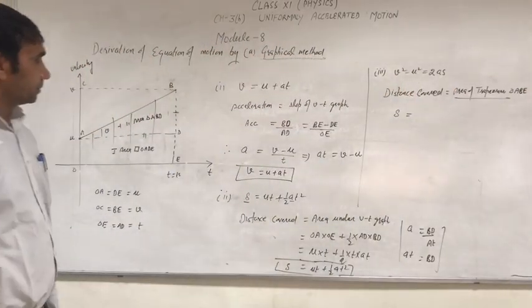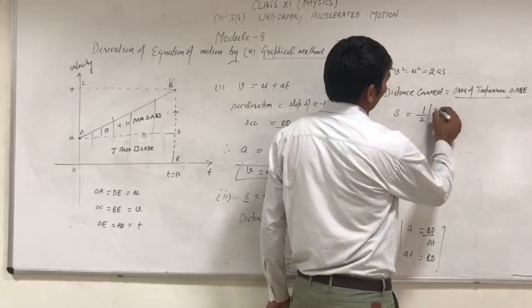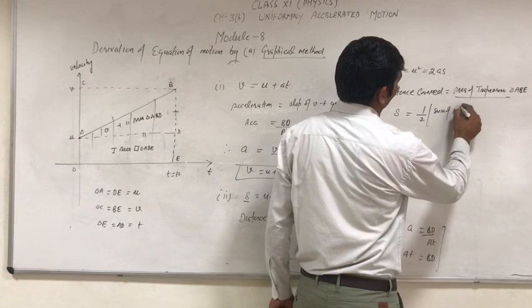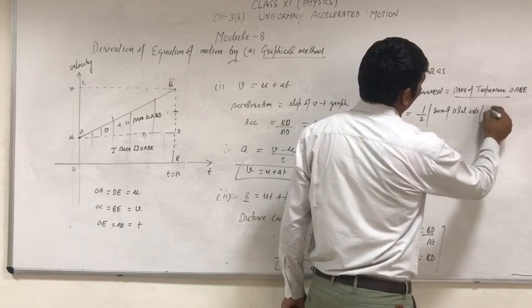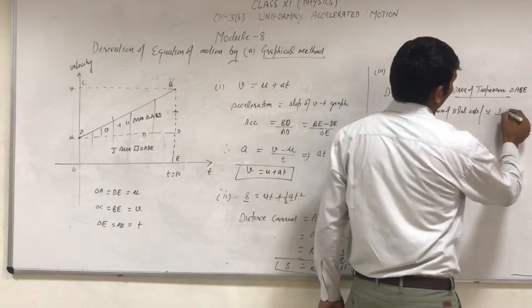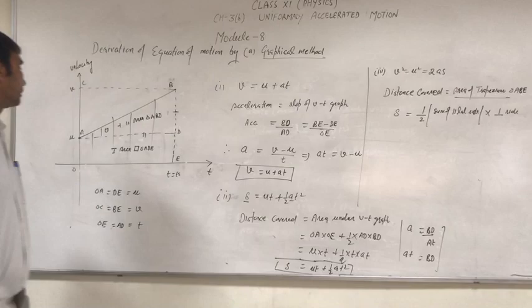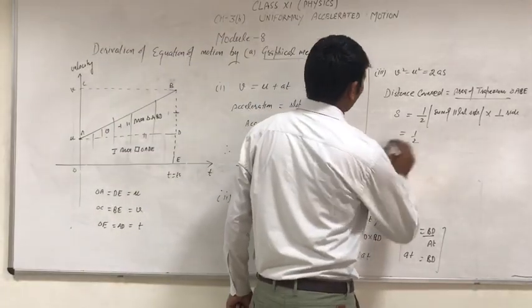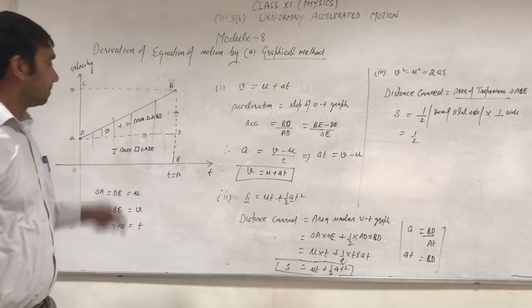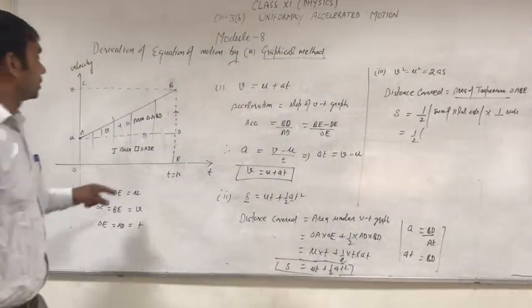Area of trapezium is 1 by 2 the sum of parallel sides multiplied by the perpendicular side. Sum of parallel sides: 1 by 2 of OA plus BE.